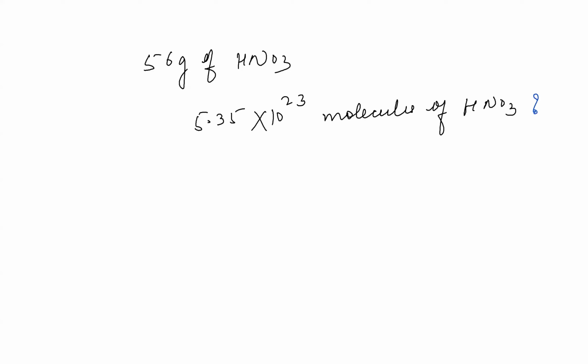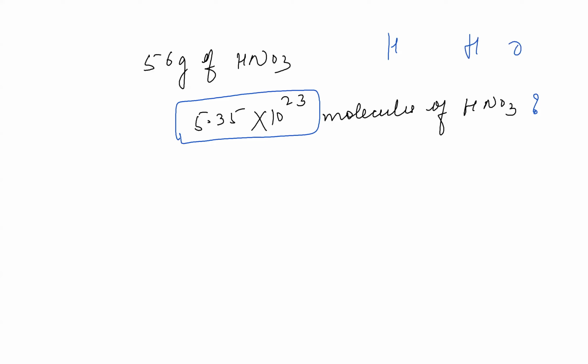So we have 5.35 into 10 raised to 23 molecules of HNO3. We have these many molecules. Are we understanding? Yes or no? So I know these many molecules now, but my question says how many atoms of each type in all?